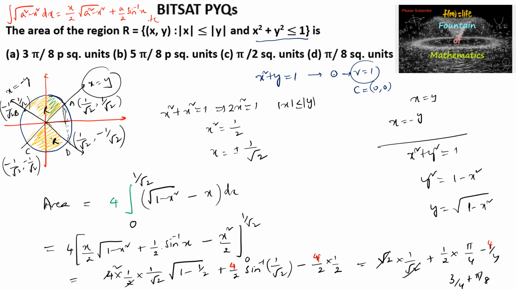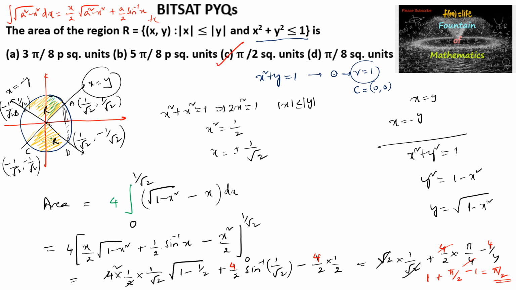So it is 4 upon 4 is 1, and 1 minus 1 is 0, and here it is 4 by 2, that is 2 of pi by 2 will get. So we can write 1 plus pi by 2 minus 1. So we can go with an option pi by 2, which is option C.